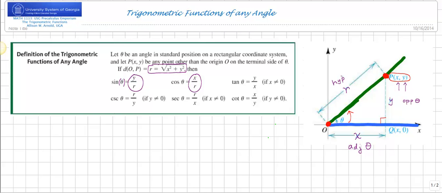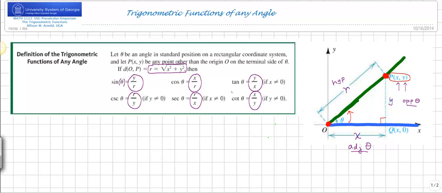So it's natural for us to define tangent as y over x, and then it's consistent with opposite over adjacent. Cosecant is naturally the reciprocal of sine, secant the reciprocal of cosine, and cotangent the reciprocal of tangent.